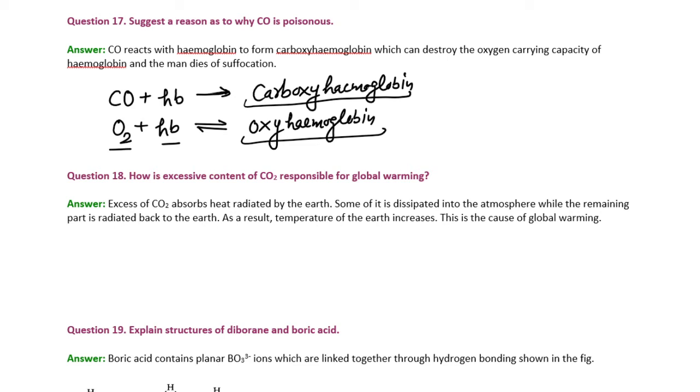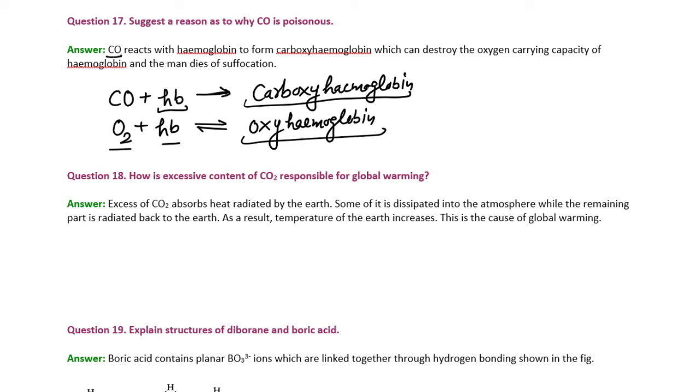That's why hemoglobin goes on being destroyed, and therefore its oxygen carrying capacity is destroyed, and suffocation takes place. If more and more carbon monoxide is inhaled, the whole hemoglobin is converted into carboxyhemoglobin, no oxygen is left to transport, and therefore the person ultimately dies of suffocation.